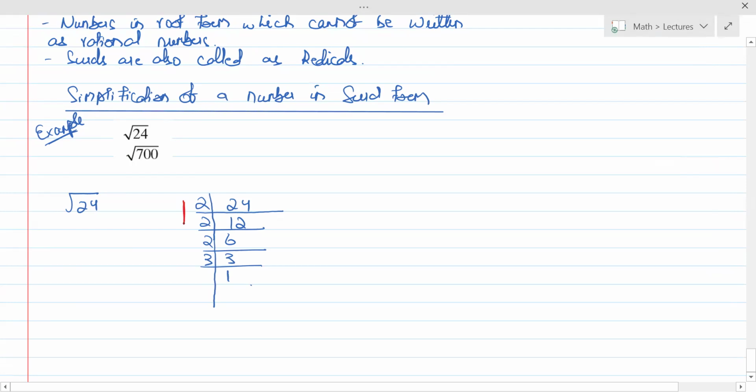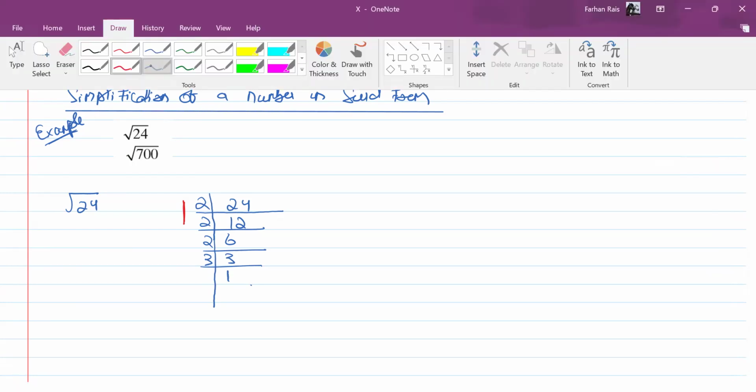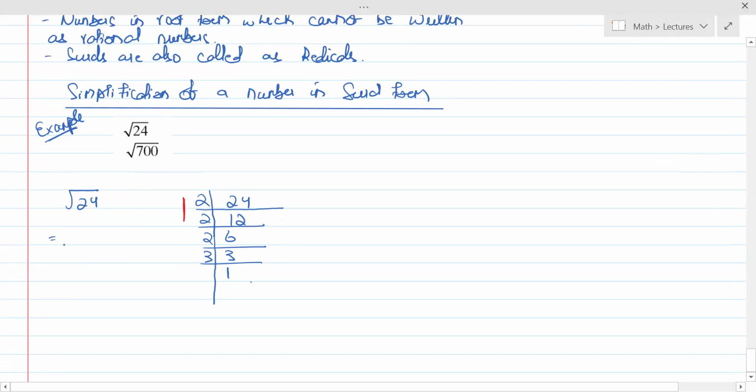A pair means the two factors should be the same. So I can write this 24 as, we have one pair of 2, so I can write this as 2 square into another 2. And then we have one more 3 here. So this is how we prime factorize, and this is how we write a number in root form as a product of its prime factors.